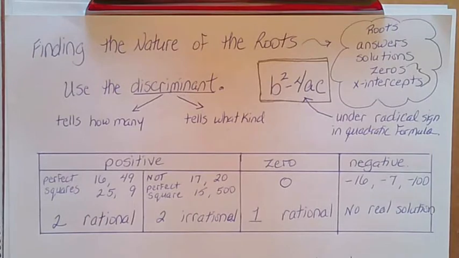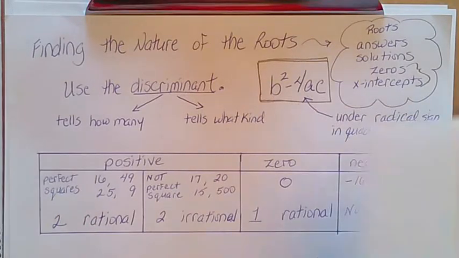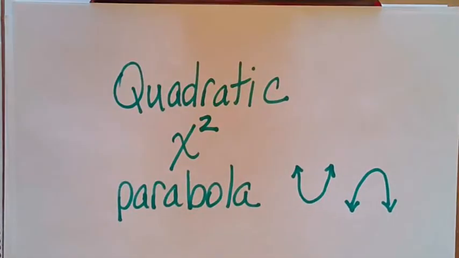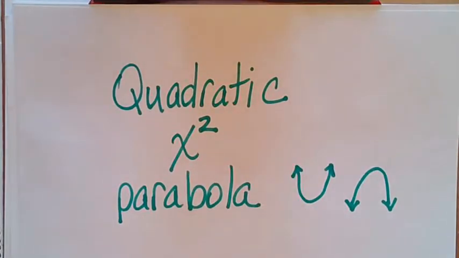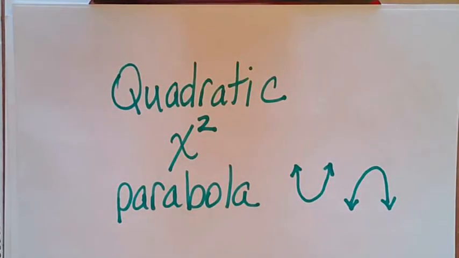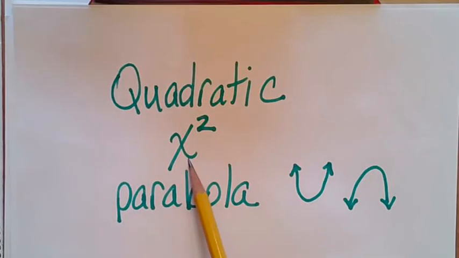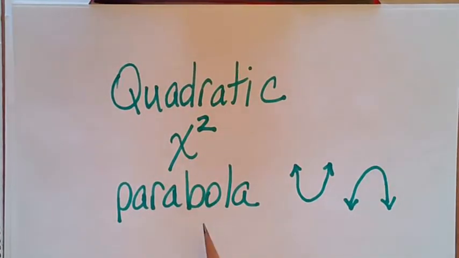Well, let's just remember something about how many roots there are. A while ago, when we first started quadratics, we said there are three things that we want to link together forever: the word quadratic, the x squared, and the parabola, which is the graph. It's this U shape, and it can open up, and it can open down, and we are going to be graphing pretty soon, but just remember linking these three words.